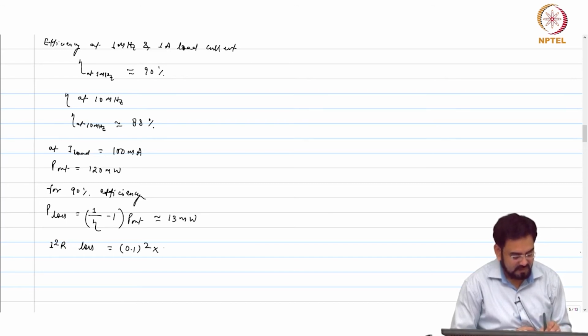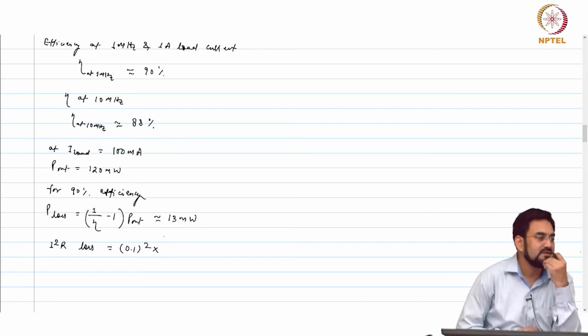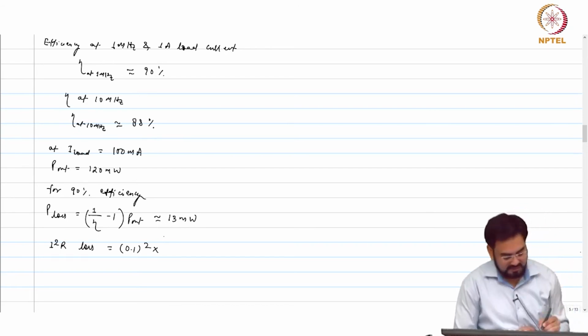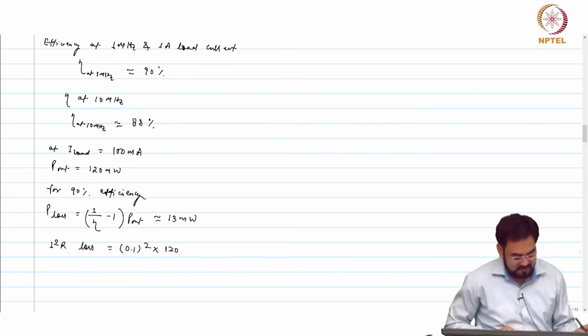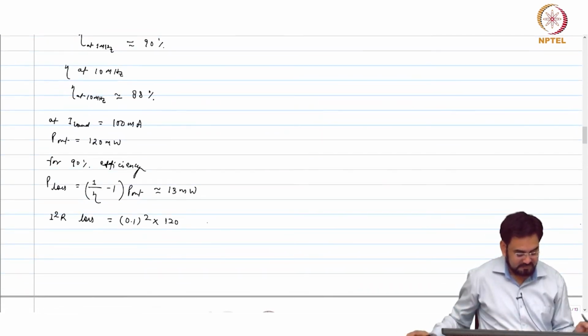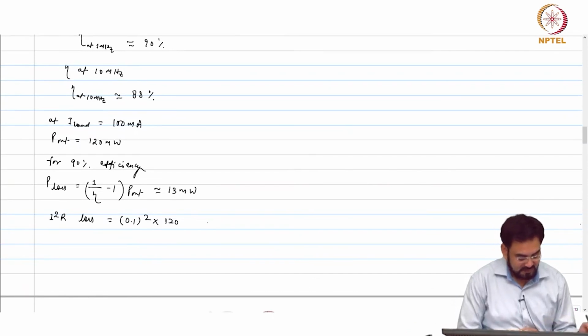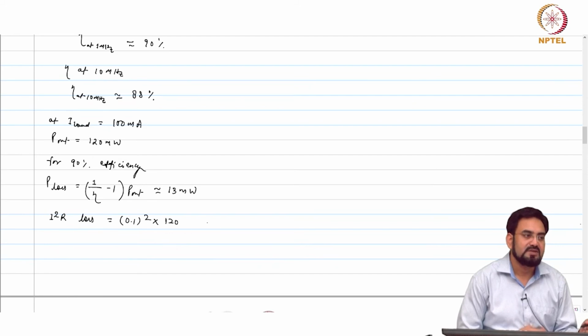How much is I square R? Into? How much was that total RDS on? 120. Why did we keep 120? No, actually, we fixed that. We found that 90% of the loss should be conduction loss. No, how much was the total loss? 130, yeah?